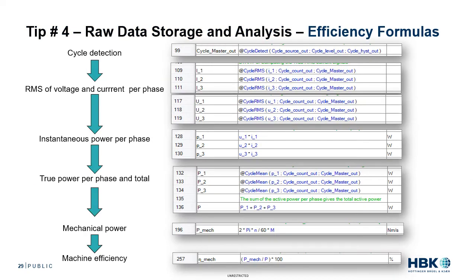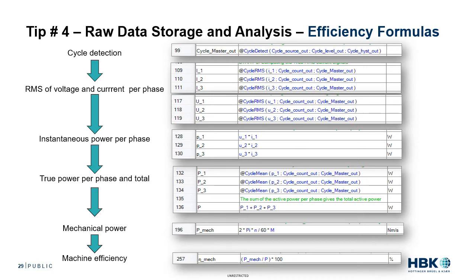Here are some examples of the automatically created calculations made in a power analyzer using cycle detect. As seen at the very top of the diagram, the cycle master out is the cycle detect signal, which is the result of locating the zero crossing points on the first phase of current.